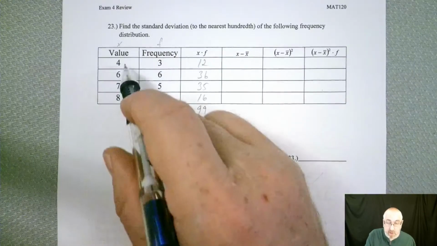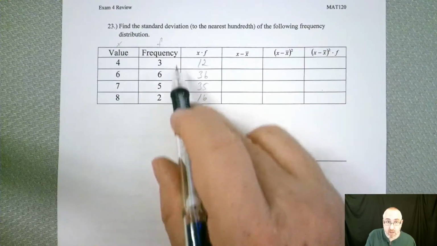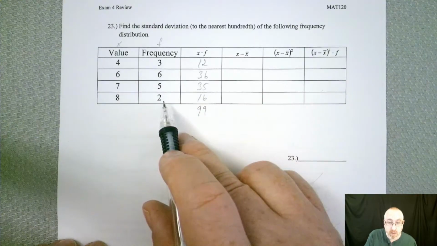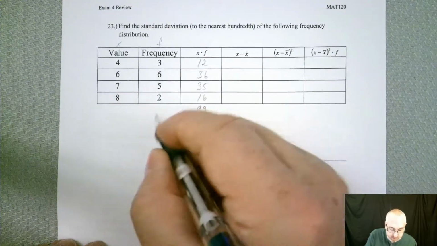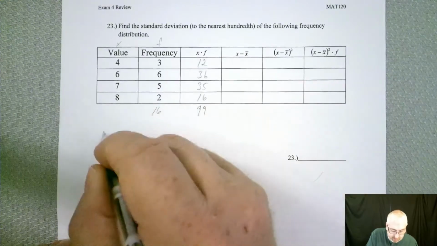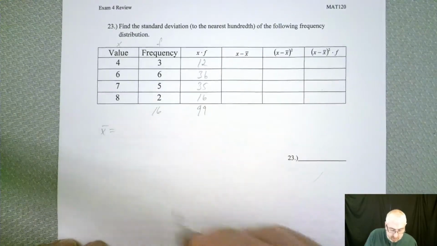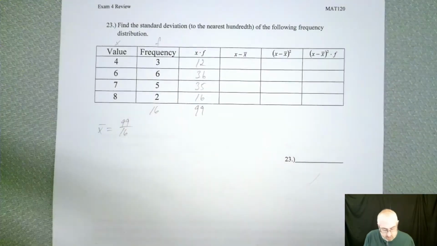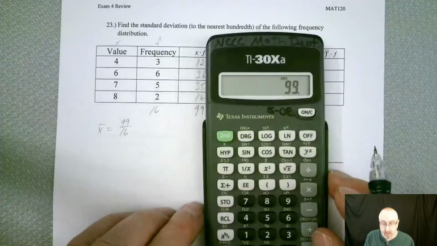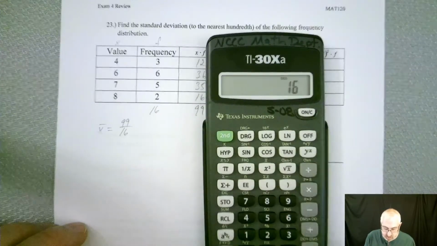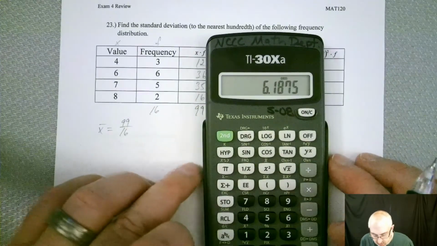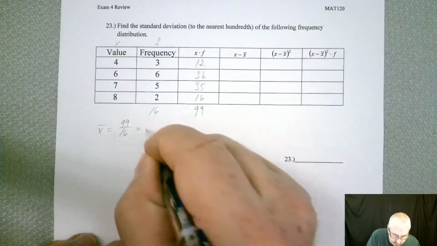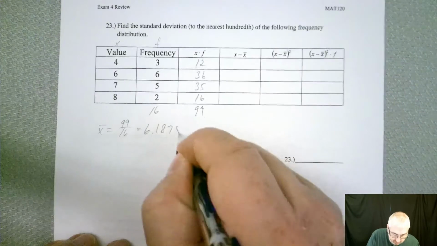And then remember, we don't want to divide by 4. There are more than 4 values, and that's determined by the sum of the frequencies. So we have to add up all these: 9 and 7 is 16. So x bar, in this case, is going to be 99 divided by 16. So let's see what we get: 99 divided by 16 is 6.1875.